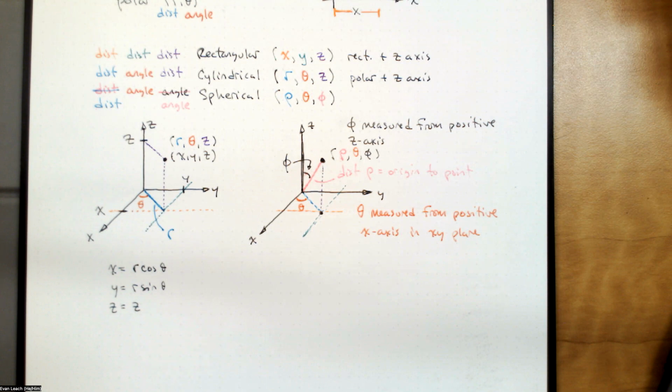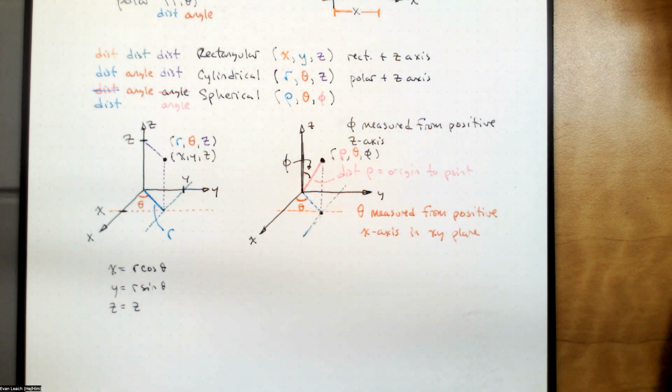Here's what we want to grab to figure out a connection between rho, theta, and phi and our old friends, rectangular and cylindrical coordinates.